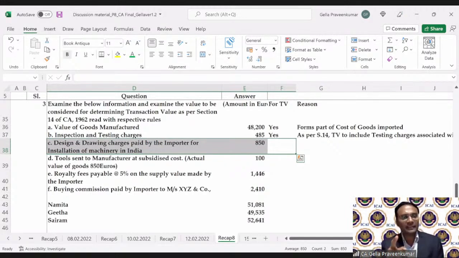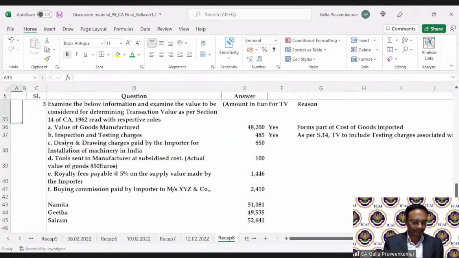Is this 850 connected with the goods to be delivered? Answer is no. Expenses incurred in India shall not form part of my transaction value. So at the place of importation, please look at your point.